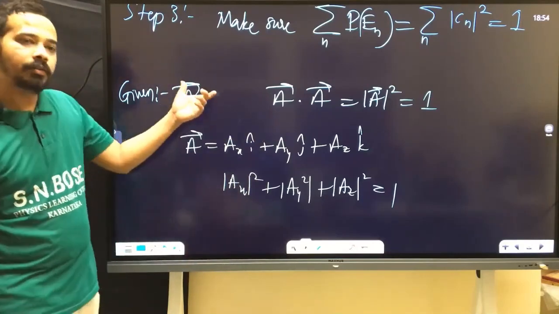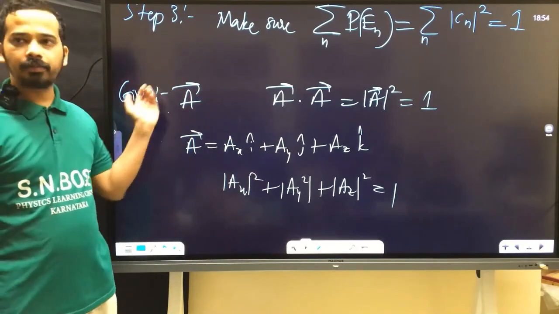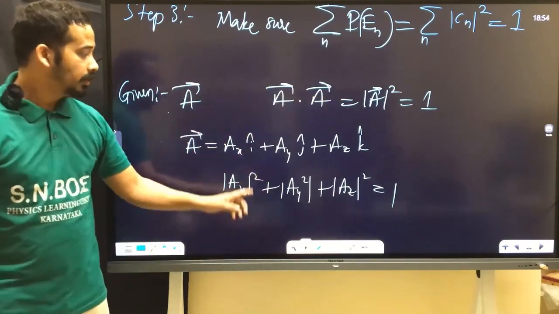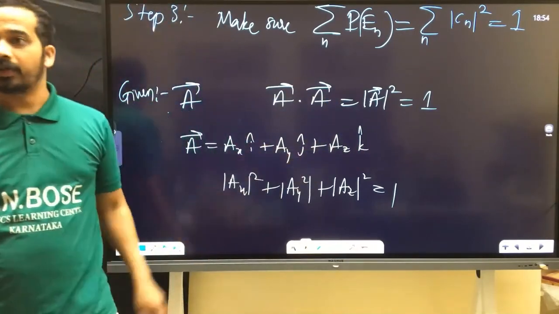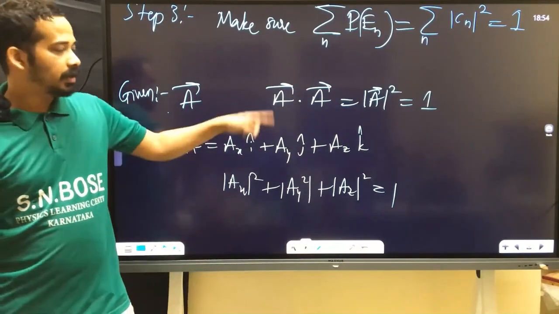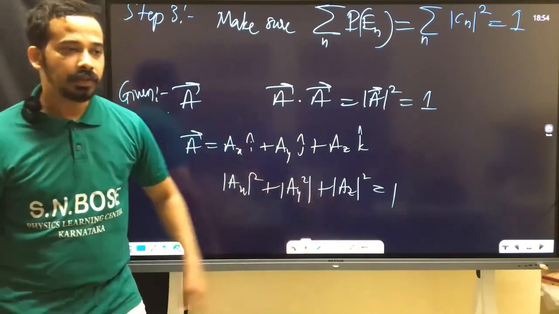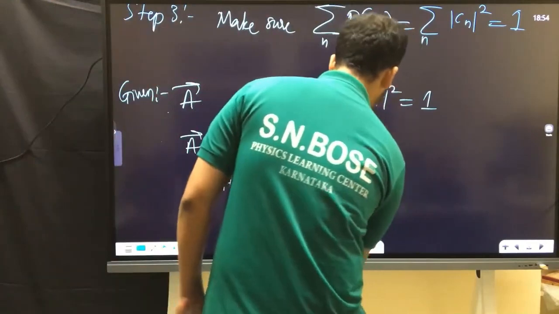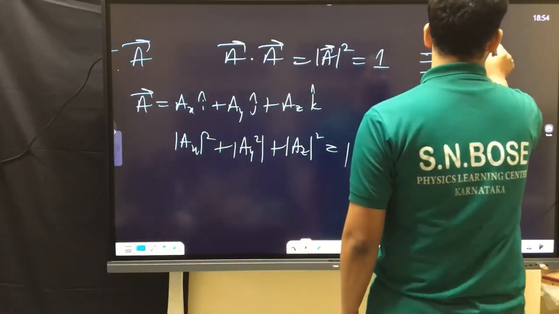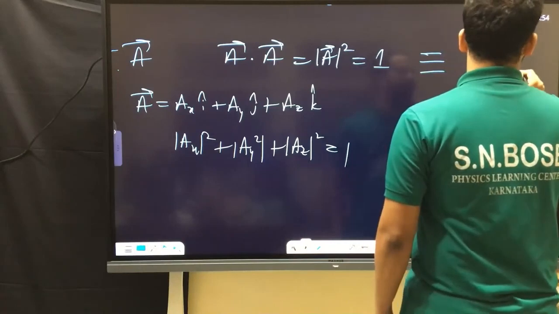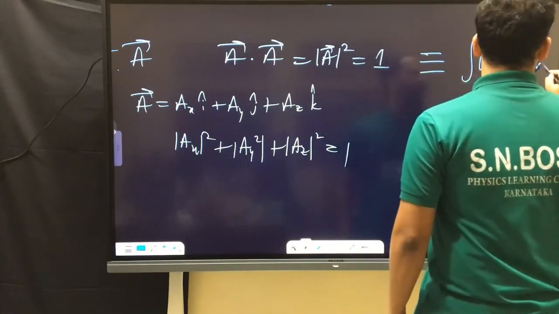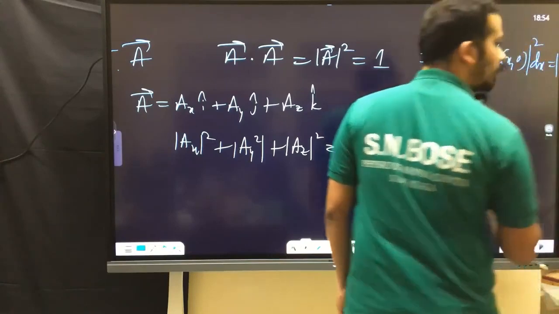You divide or multiply by one factor and make sure it is 1, or later divide each component by one common factor; these are equivalent. Now what I am saying is that this is equivalent to integral of mod psi of x comma 0 whole square dx equal to 1.